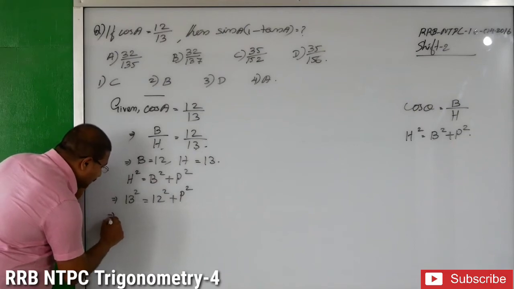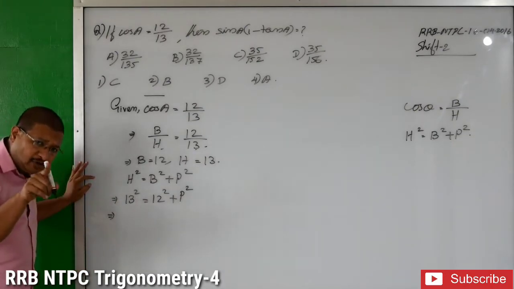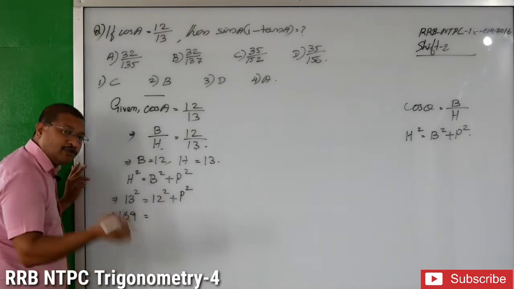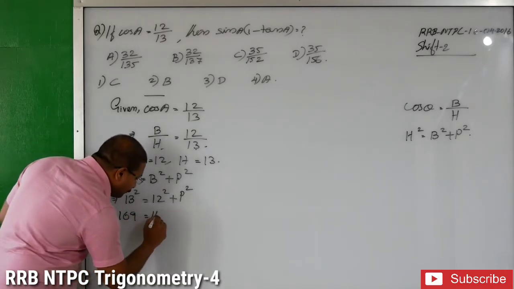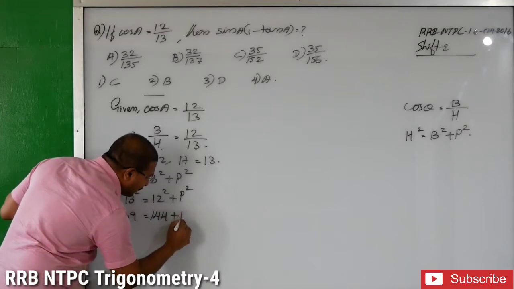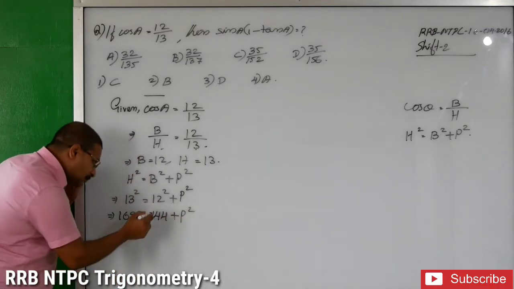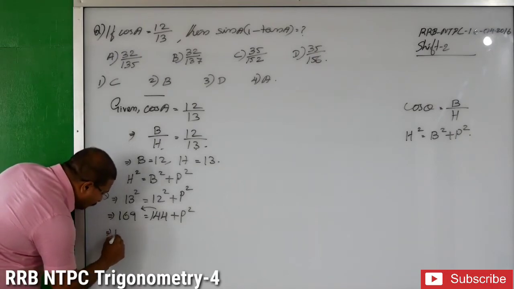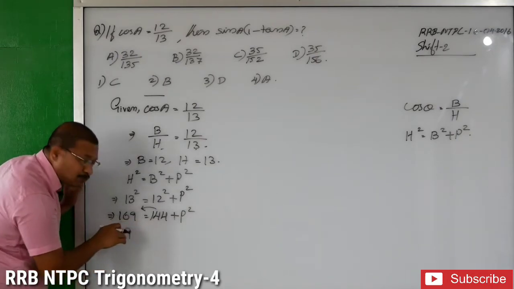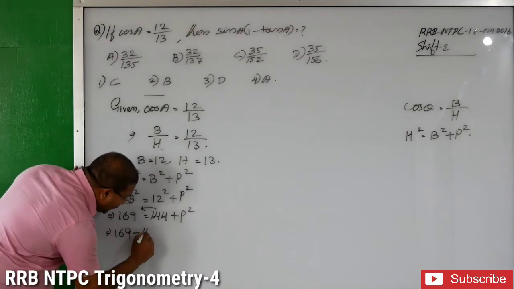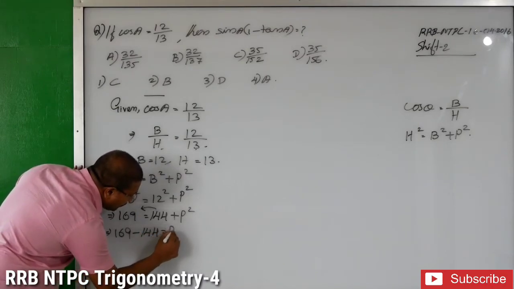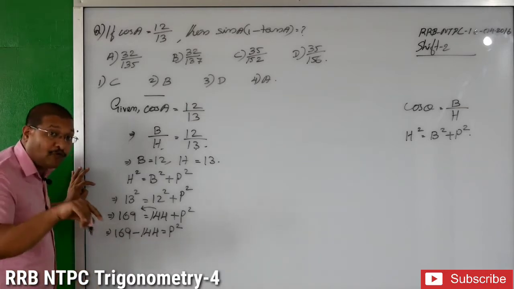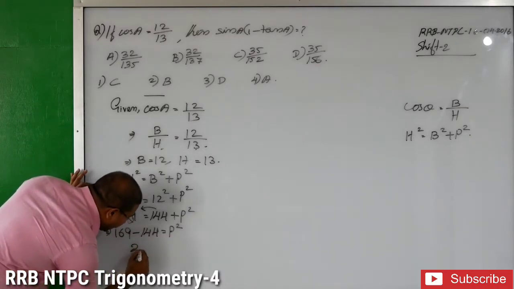This implies 13 into 13, 169, equals 12 into 12, 144, plus perpendicular square. Next step, 144 will carry to the left side. This implies 169 minus 144 equals perpendicular square. Now, 169 minus 144 will get 25.